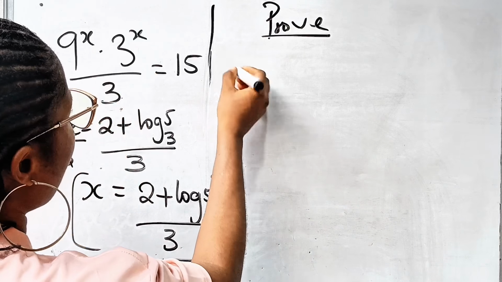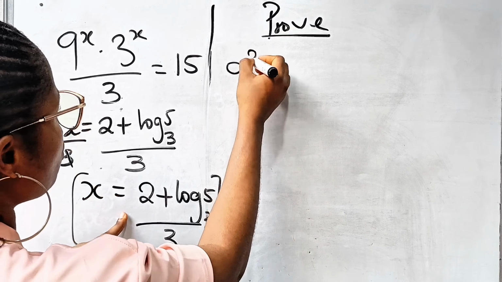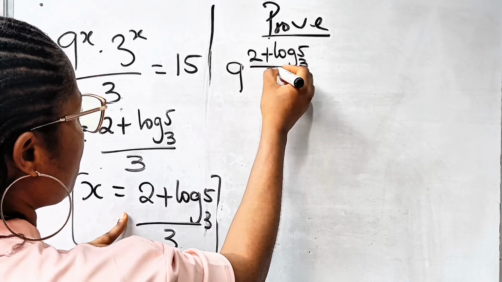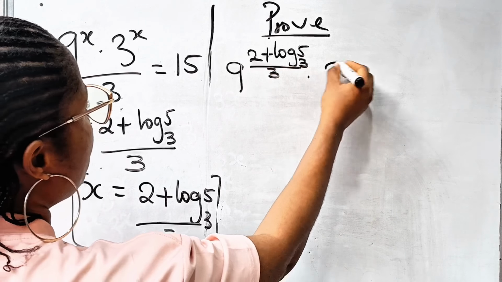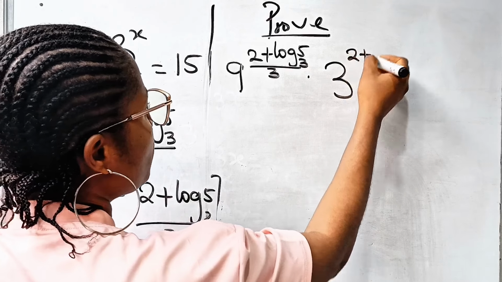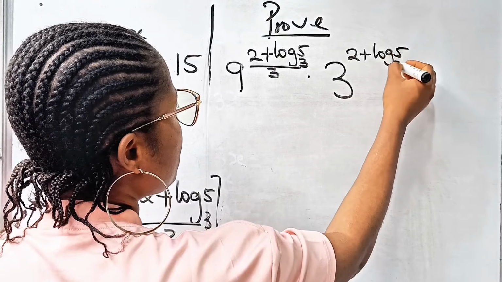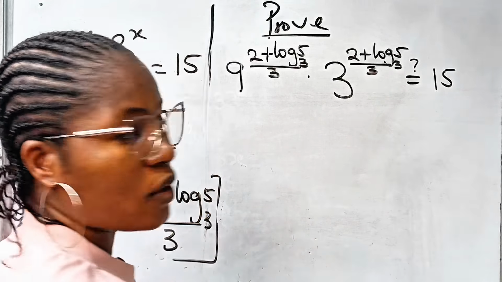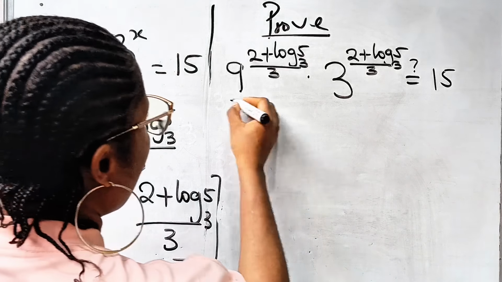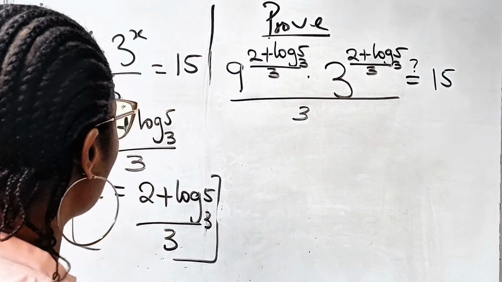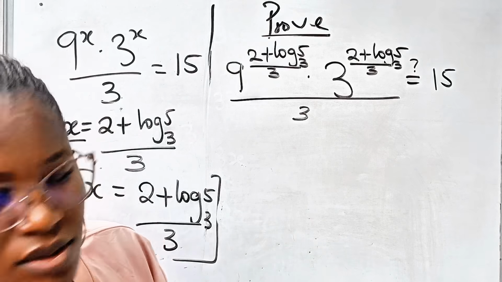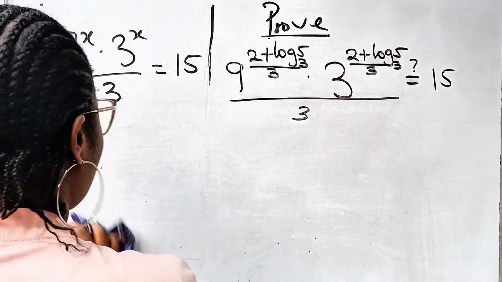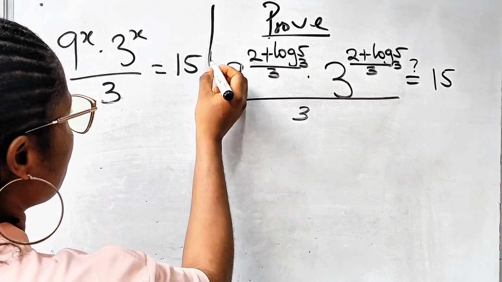So let's verify. We have 9 to the power of x, where x is (2 plus log 5 base 3) divided by 3, multiplied by 3 to the power of (2 plus log 5 base 3) divided by 3, and all this is equal to 15. We are checking. We are not yet sure. Now remember, all these are divided by 3.